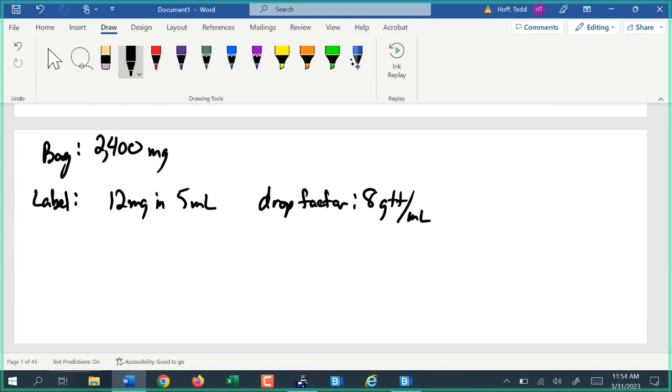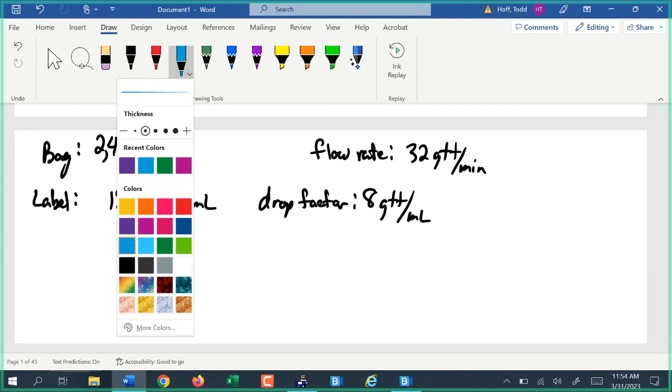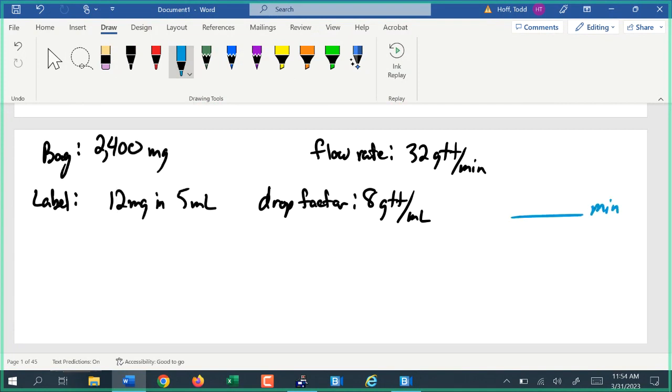So a much smaller drop factor. So more viscous fluid, higher surface cohesion, larger drops. And then, of course, we look at the flow rate. That setting for the flow rate is, what is that, 32 drops per minute. And again, we're going to calculate the time to infuse. So we want our answer in minutes or hours in minutes, depending on how big that number is.